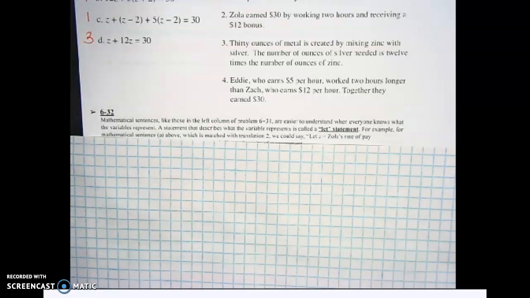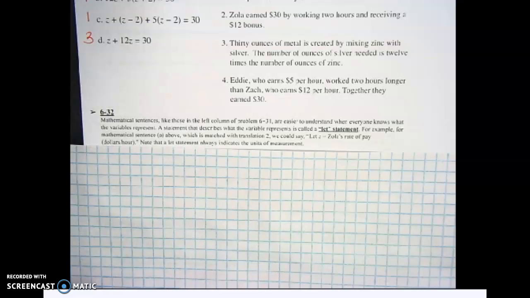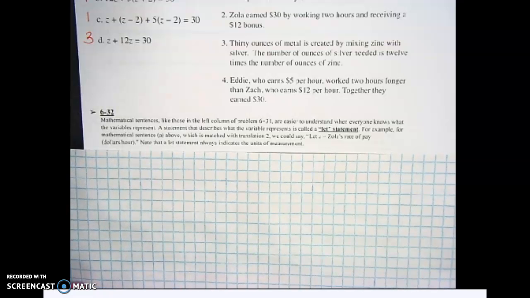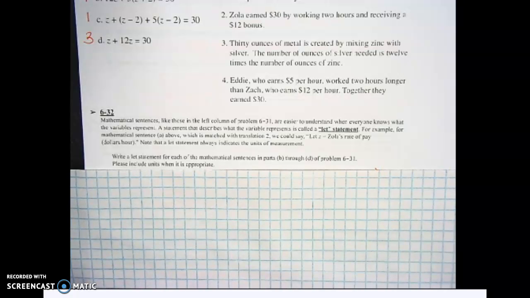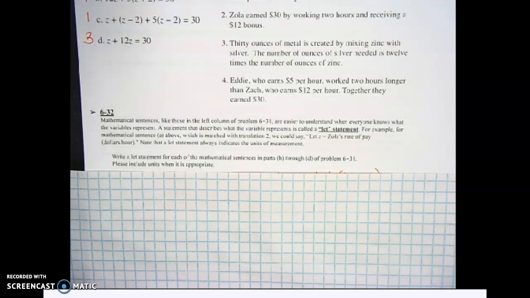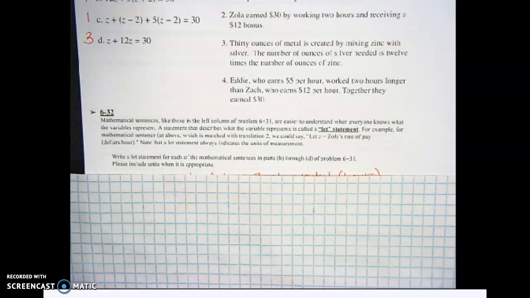For example, for the mathematical sentence which is matched with translation 2, we could say that Z is Zola's rate of pay, what she's being paid in dollars per hour. Note that a let statement indicates the units of measurement. Write a let statement for each of the mathematical sentences in parts B through D of problem 31. Please include units when appropriate.